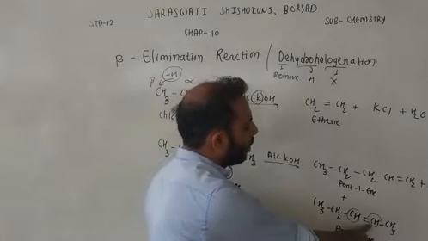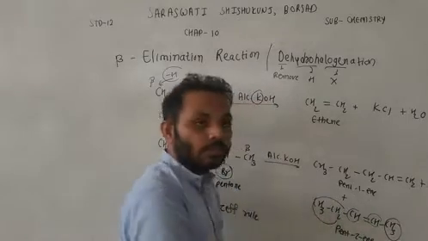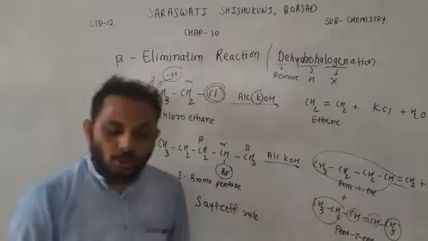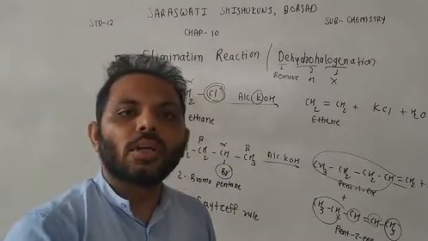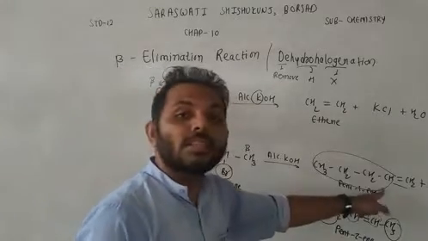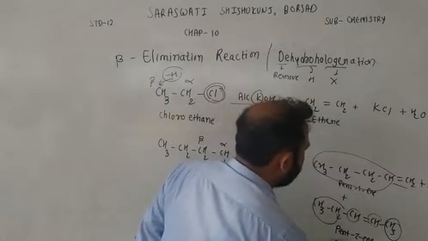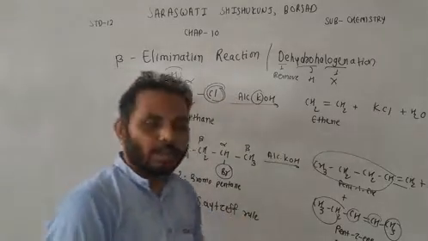So if this carbon has two alkyl groups, methyl and ethyl, while this double-bonded carbon has only one alkyl group. Those double-bonded carbons which have more alkyl groups give the major product, and those which have fewer alkyl groups give the minor product. So according to that rule, the major product is pent-2-ene.